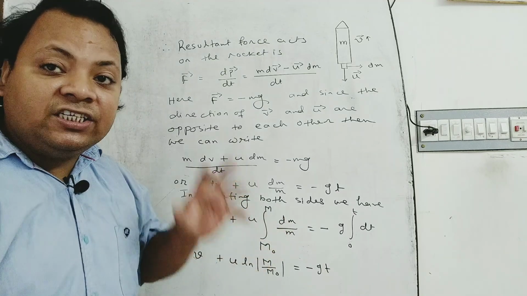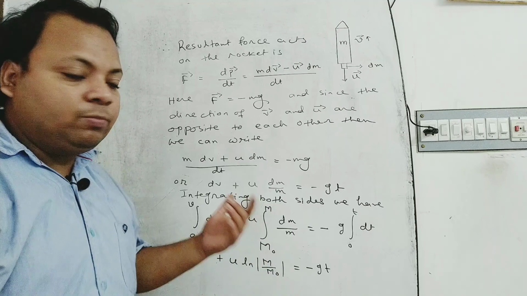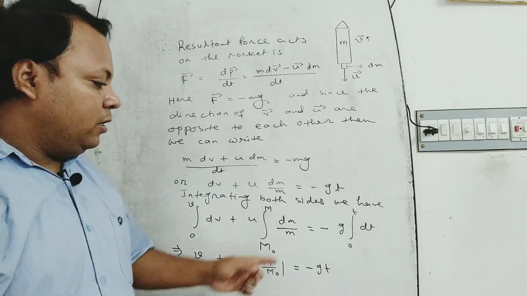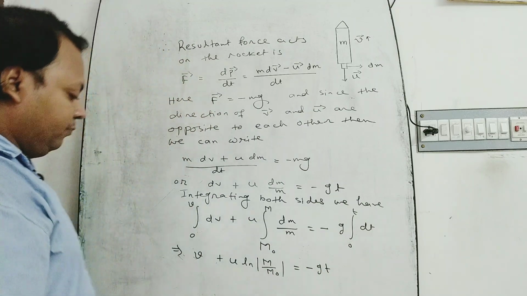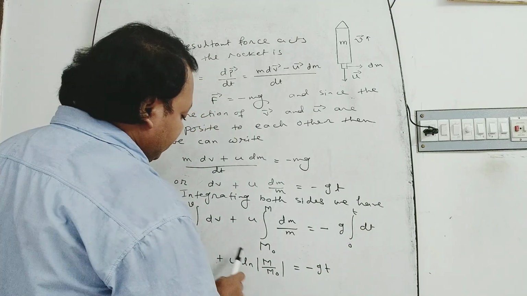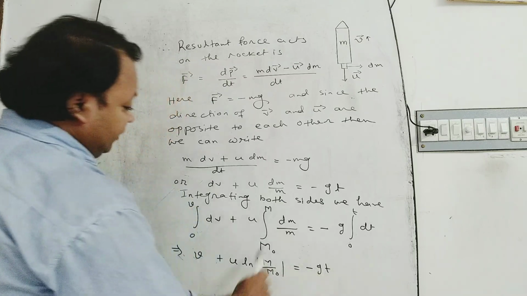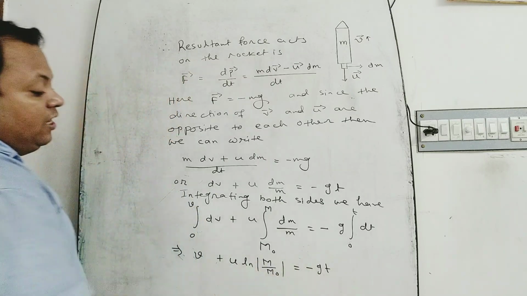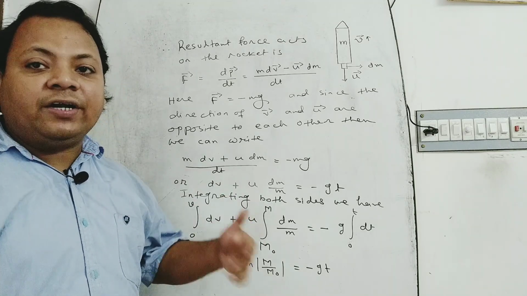Here the initial mass of the rocket is m0, and after time t its mass becomes m, and minus g integration 0 to t dt. This gives v plus u ln m by m0 is equal to minus gt. This is the equation of the velocity of the rocket after time t.